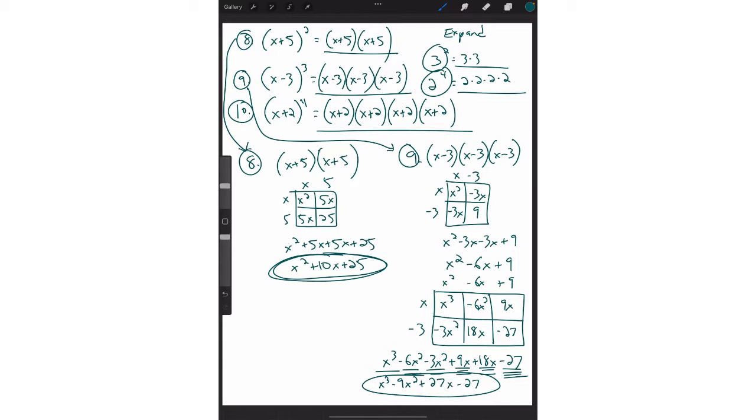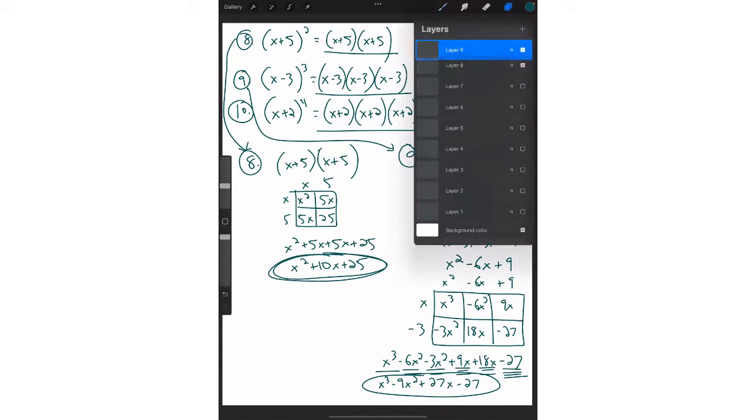Okay, and for number 10, I'll go ahead and do number 10 on the next page. We had expanded it, so just to recall, we had x plus 2 to the 4th power. And I could write that out, x plus 2 times x plus 2 times x plus 2 times x plus 2.